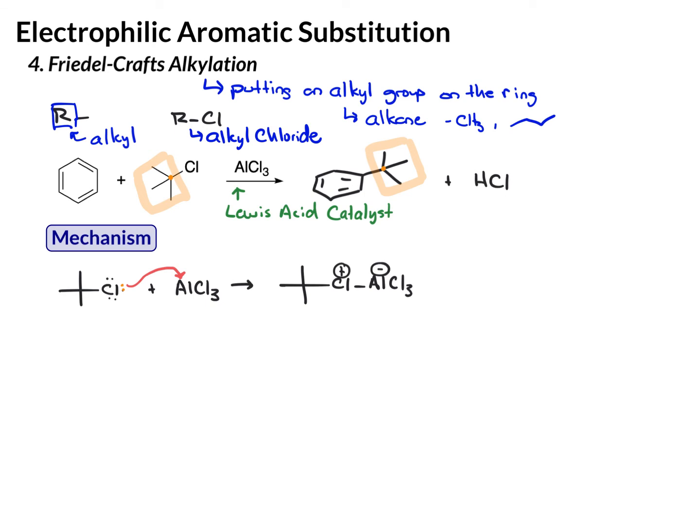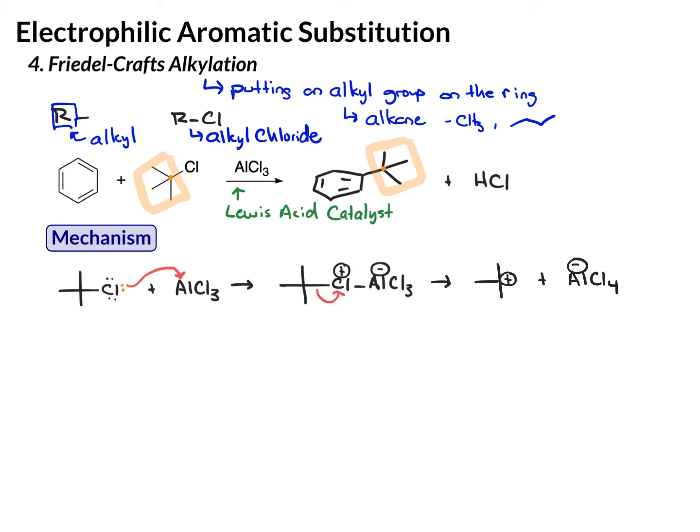Now in this case, because we have this highly substituted carbon here, what happens is something kind of similar to what you saw with SN1 reactions where you lose a leaving group. Well, this Cl plus acts as a leaving group here, and we'll lose that. And what we end up with is a carbocation plus aluminum tetrachloride.